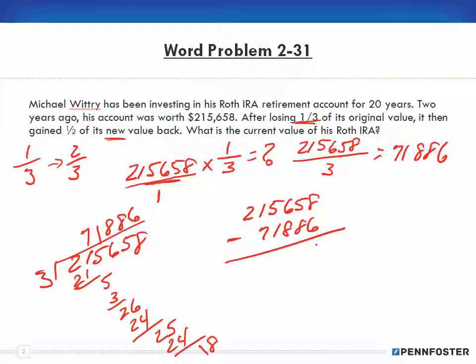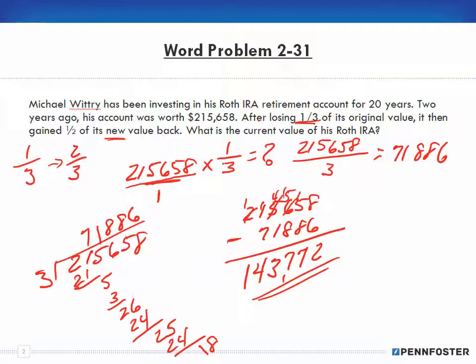So 6 from 8 is 2, 8 from 15, I'm going to make that 5, carry my 1, is 7, 8 from 15 again is 7, 1 from 4 is 3, 7 from 11 is 4. And then I'm going to bring down my 1. So the value of my account after the loss is $143,772.